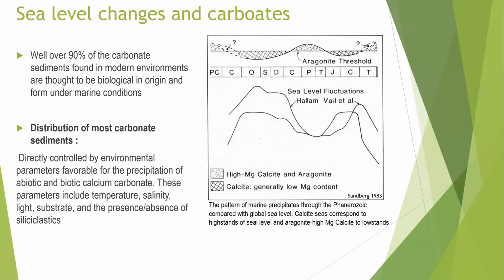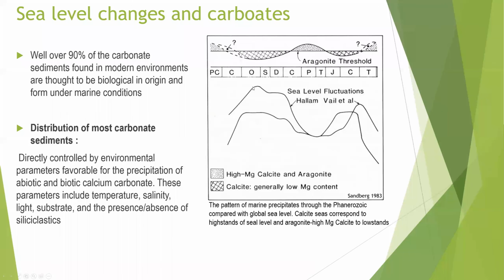If you look at the image on the right side, in this graph, we can see the sea level fluctuations. You can see that in the marine system, because over 90% of carbonate is deposited in the marine system.